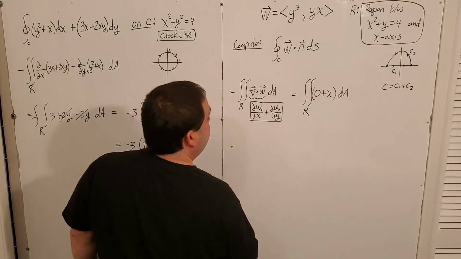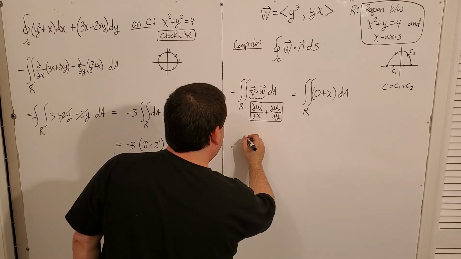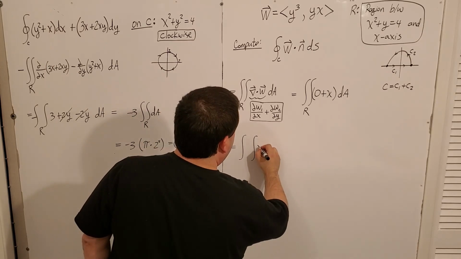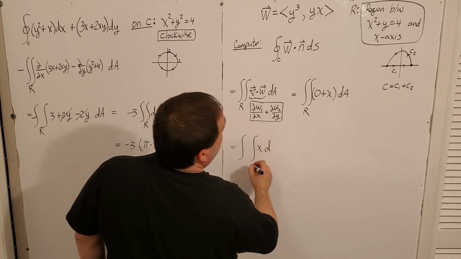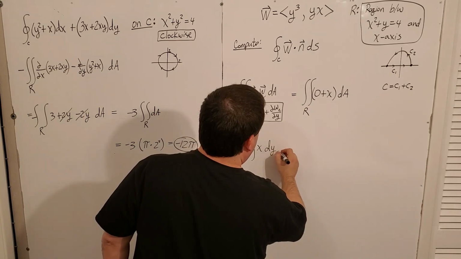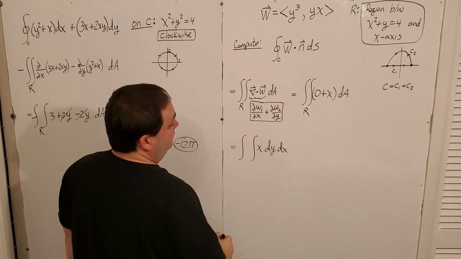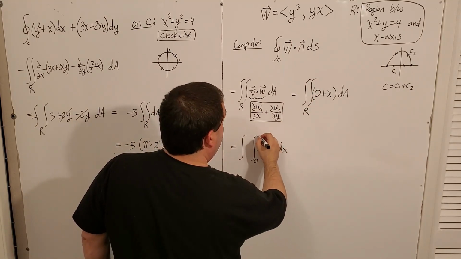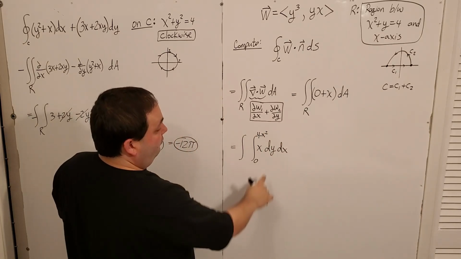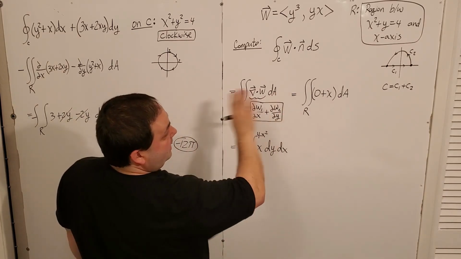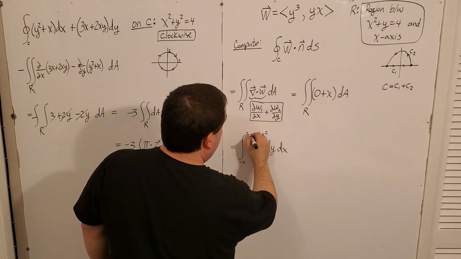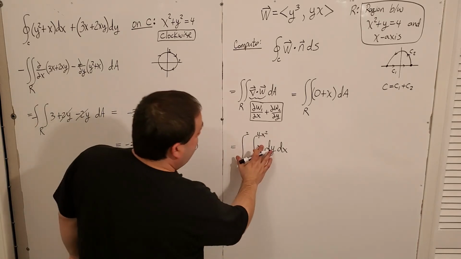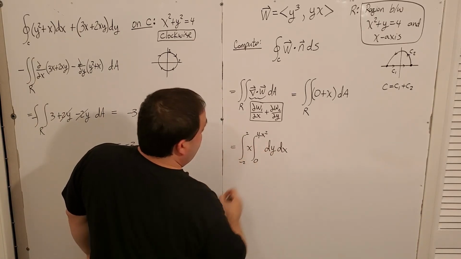So then that's equal to, we can go ahead and do the actual integrals here, right? I'm going to have x, and then let's go ahead and do dy dx. To integrate the region in the y direction, I'm just going to go from 0 to 4 minus x squared for my dy. And then x just goes from -2 to 2. So right here, the x, of course, can get factored out to here.